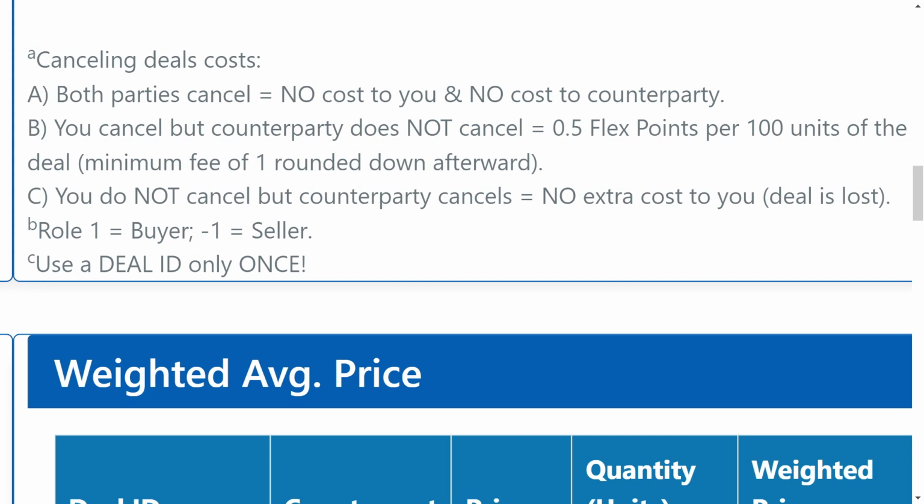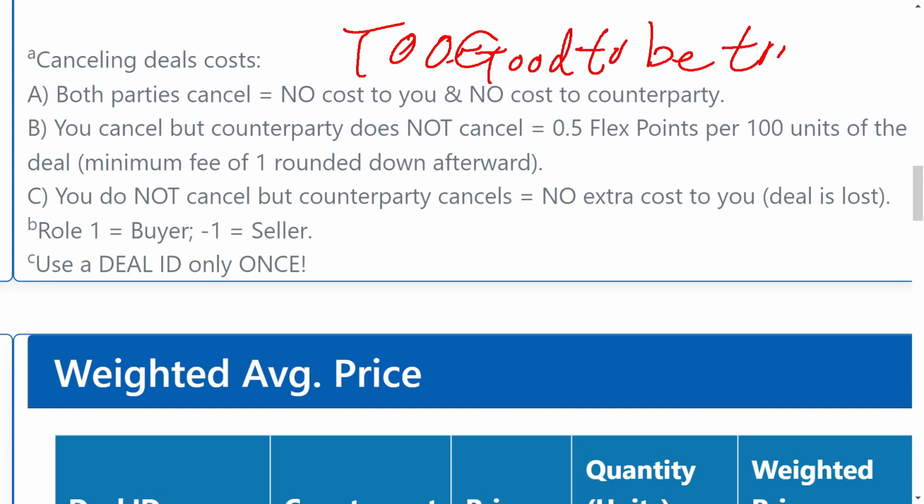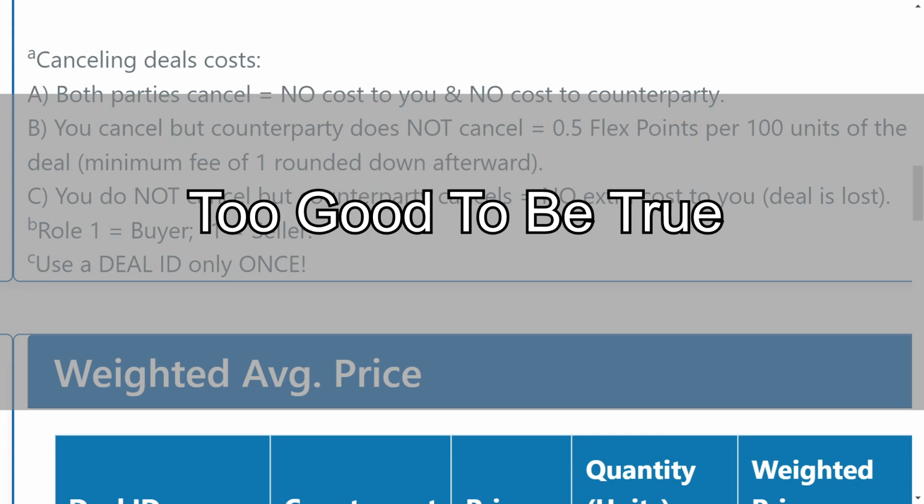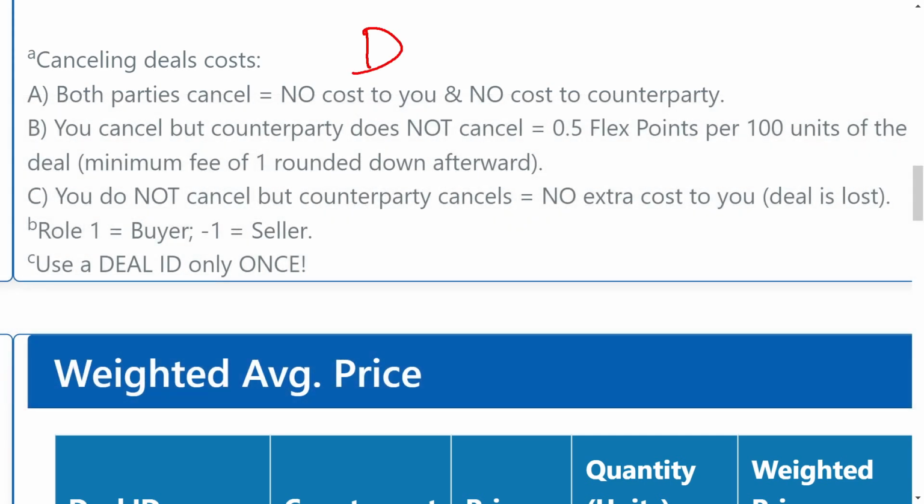Well, here's a really good one. We call it too, T-O-O, too good to be true. What does that mean? Too good to be true means don't do it, right?